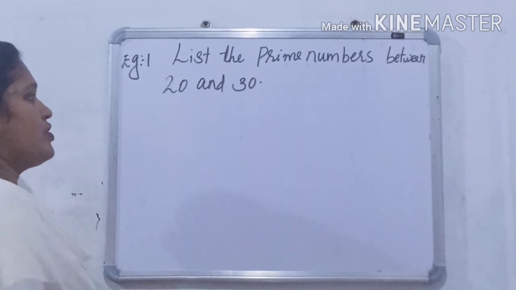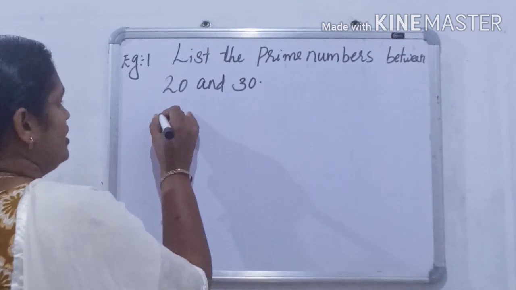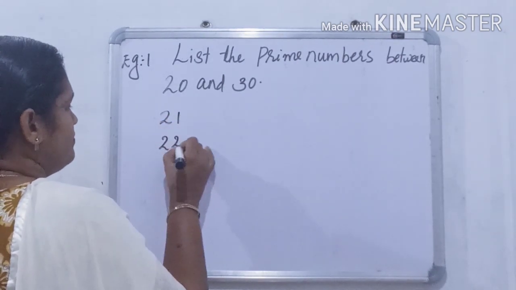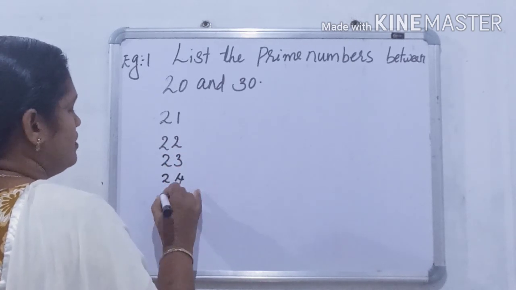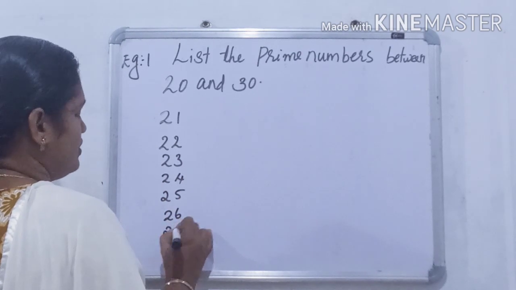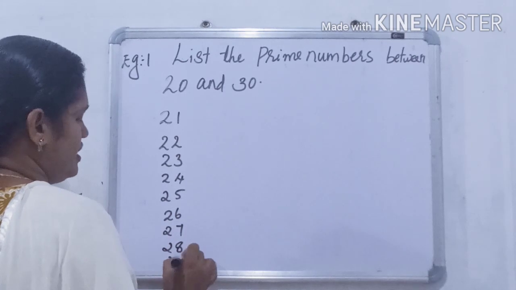First we can write all the numbers between 20 and 30: 21, 22, 23, 24, 25, 26, 27, 28, 29.